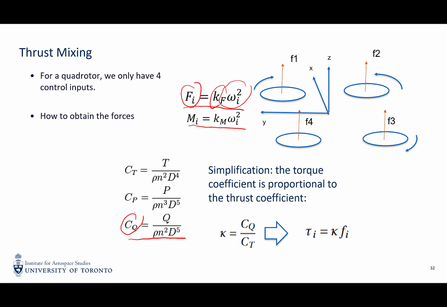So in this case, since these two are both quadratic functions of the rotating speed, if we want to generate a certain amount of lift, then the propeller will create a certain amount of torque on the disk. And the relationship between them is linear. It is actually a scalar kappa times the magnitude of the lift.